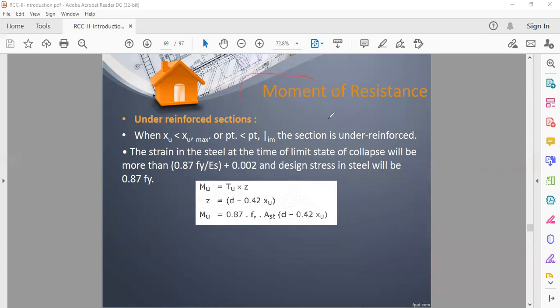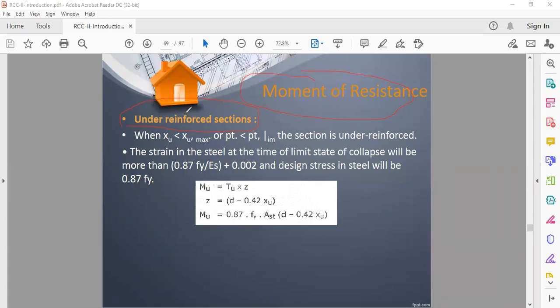We can get it with the help of the moment of resistance. There are basically three sections: the first is under reinforced, then over reinforced, and the balanced section.